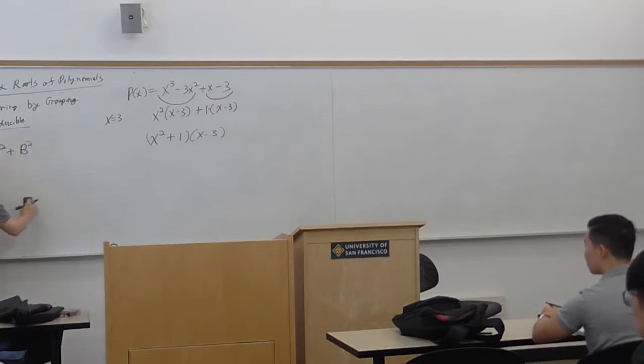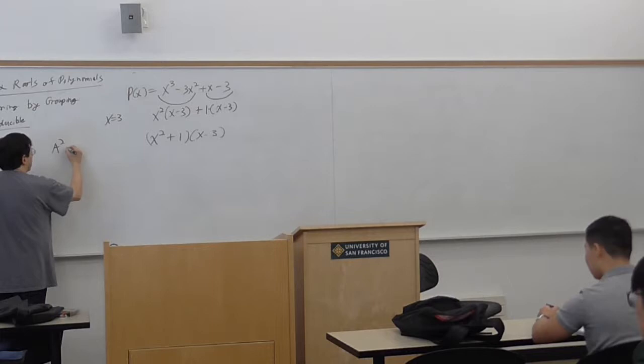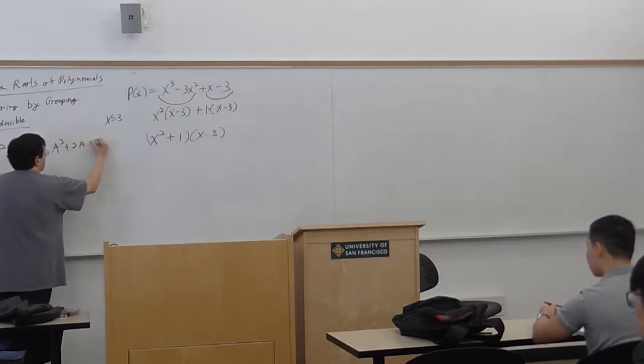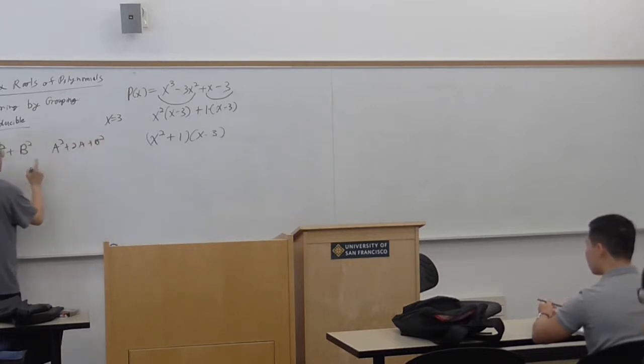Okay, does anyone in the room have any idea how you factor a squared plus b squared? Because we did see this before. Yes? Is it a squared plus 2ab plus b squared? Okay, remember we're trying to factor it.